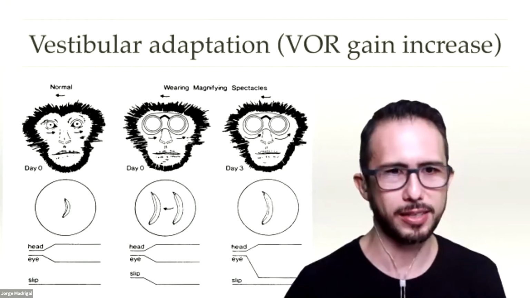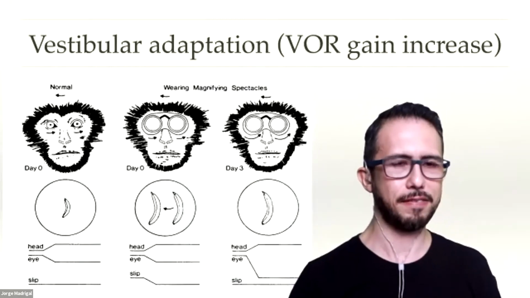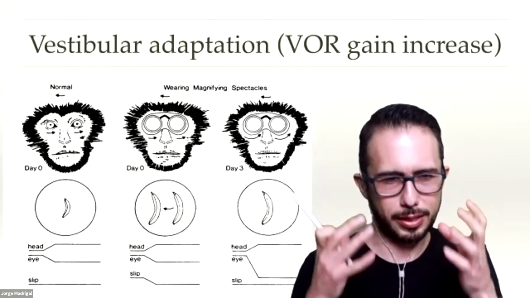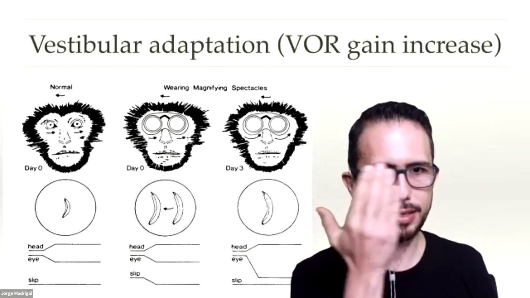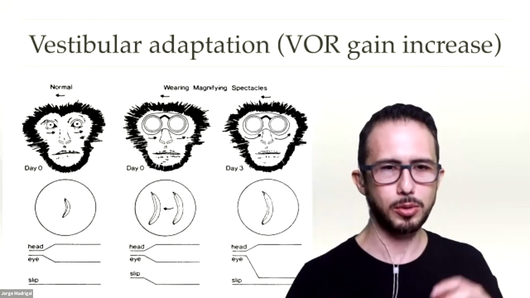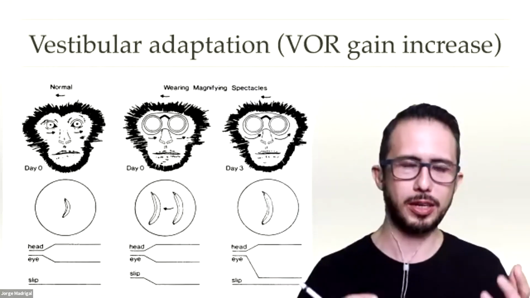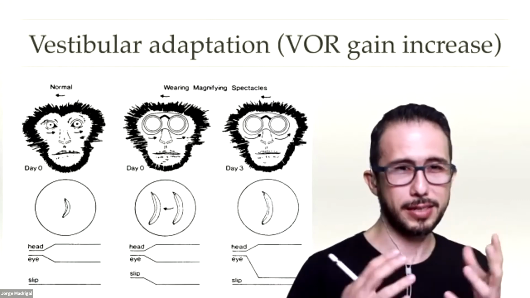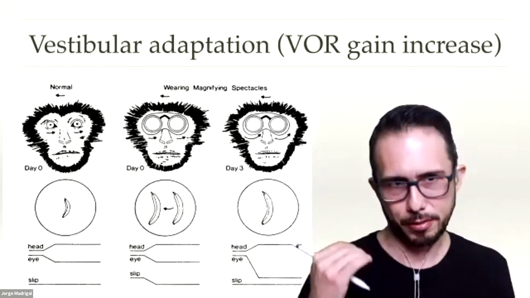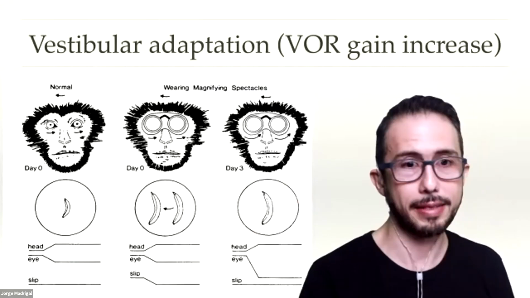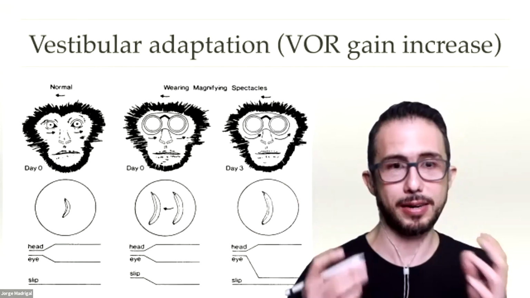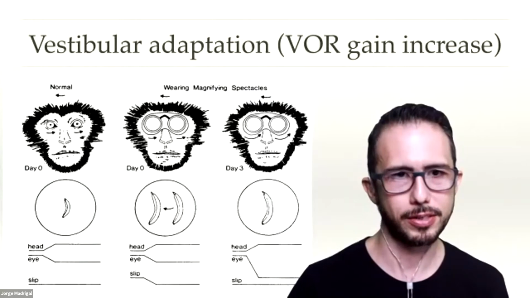The brain doesn't want to have oscillopsia, and if it notices that when you move your head you're having this retinal slippage, it's going to use cerebellar ways to increase or decrease the vestibulo-ocular reflex to avoid oscillopsia. And that's the main part of the vestibular rehabilitation exercises.